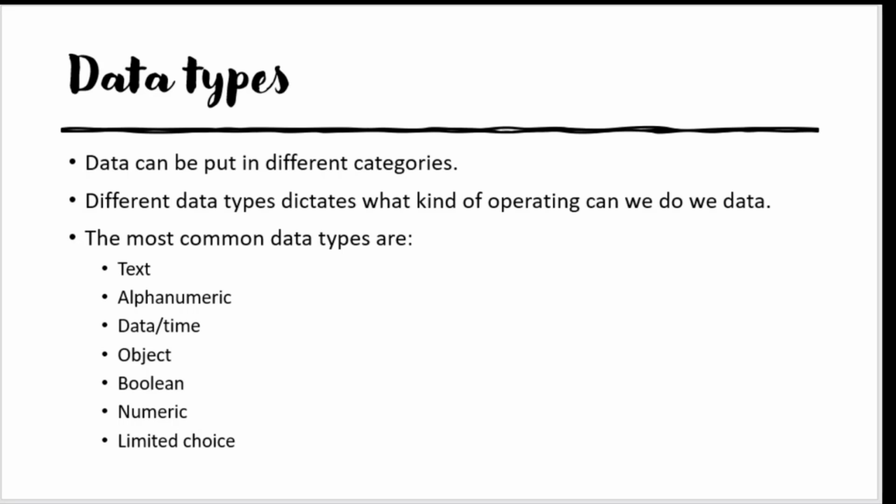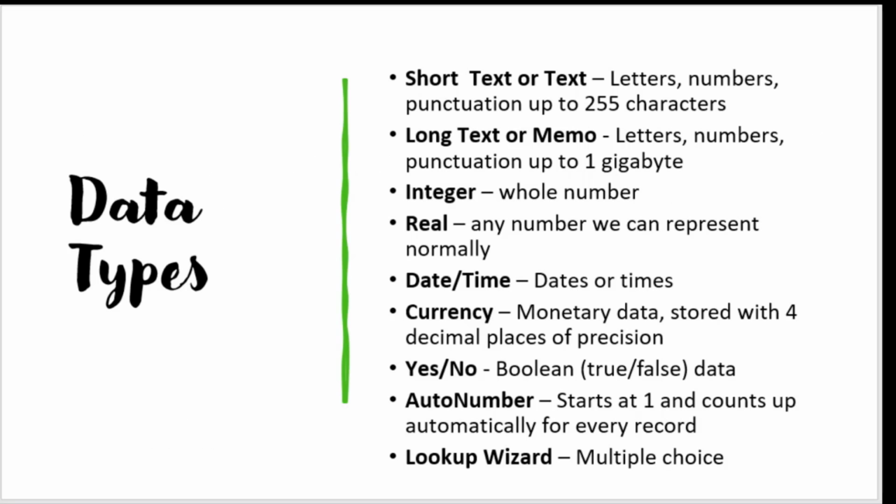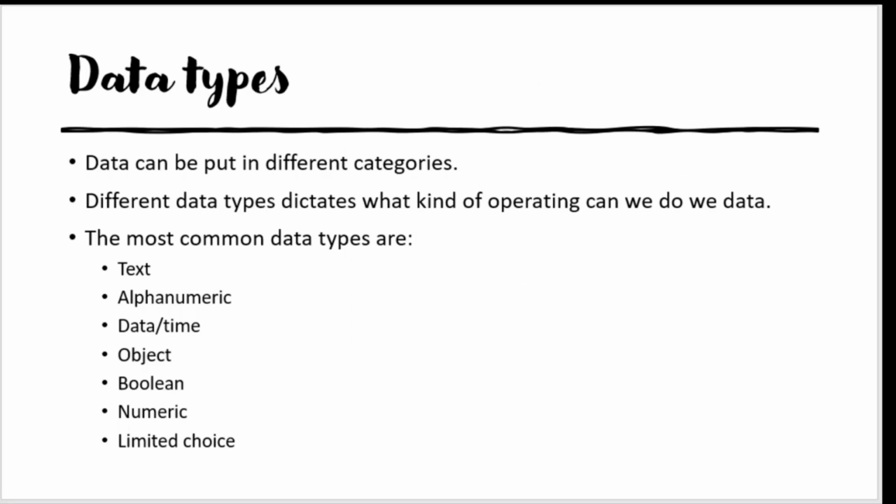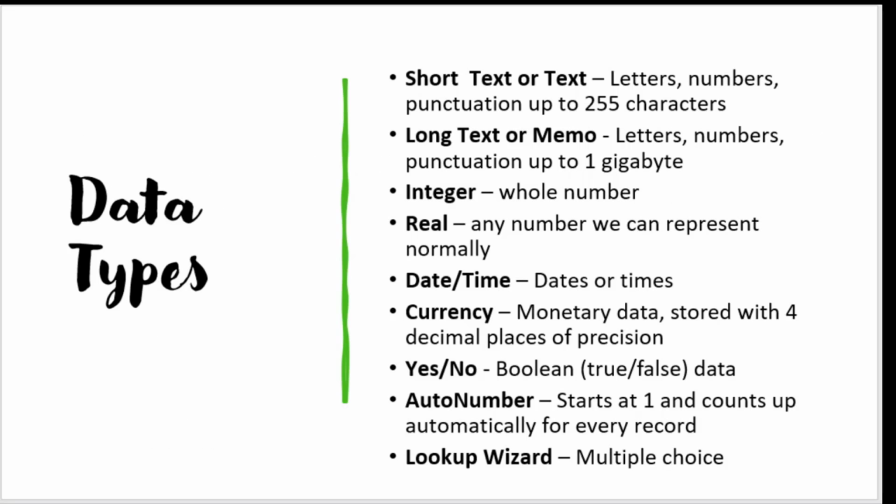All right, perfect. Okay, so the most common data types are, as I said before, short text or text, alphanumeric, okay, date, time, object, boolean, numeric, and limited choice. So in terms of text, we have kind of two types. We have the short text or long text. The short one is up to 255 characters, and the long one is up to 1 GB.